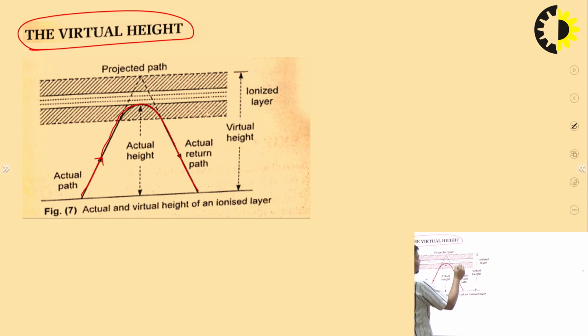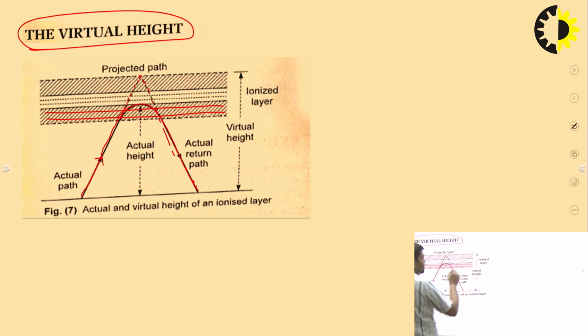This is the particular layer where the sky wave is reflected back, but we are unaware of the actual path; this is the projected part. What is the projected part? We assume that the wave is reflected back from this side.